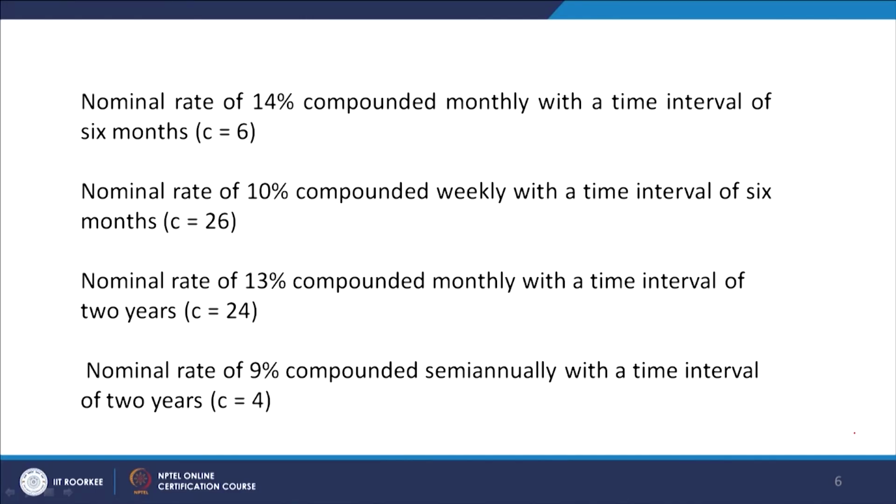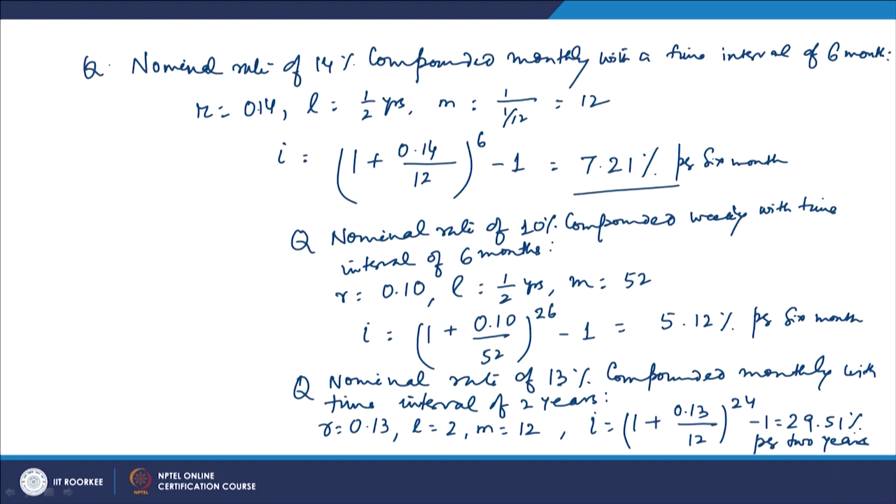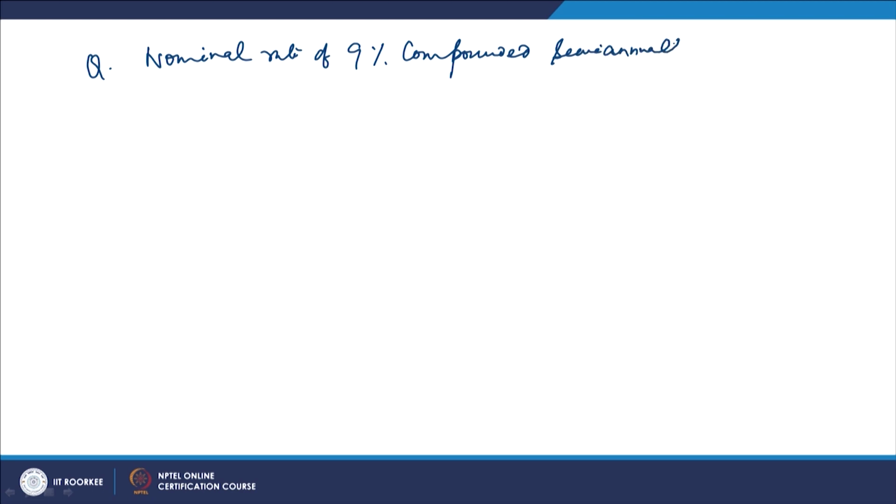Then you have another example of nominal rate of 9% compounded semi-annually with a time interval of 2 years. So, you can again see that if you have a problem of nominal rate of 9% compounded semi-annually, and then with time interval of 2 years.